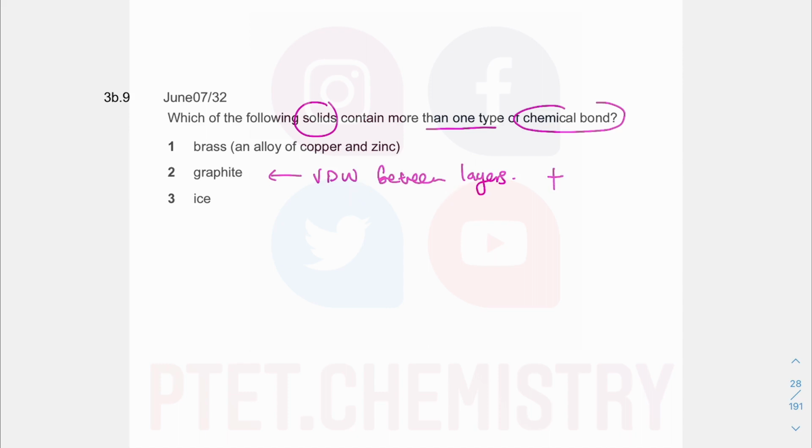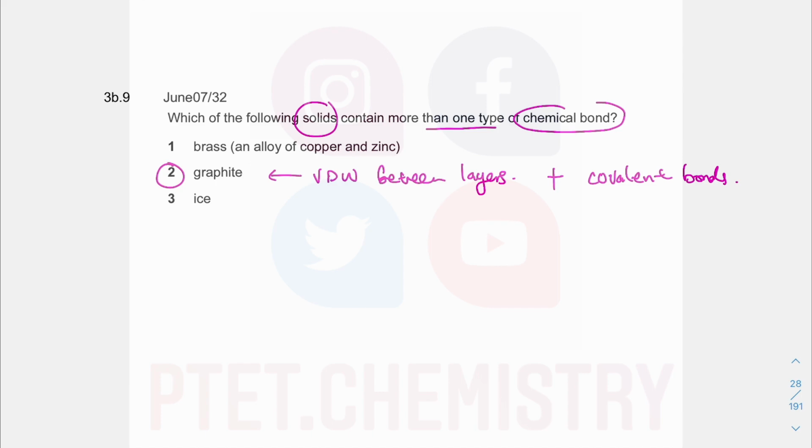But you also have covalent bonds. And that is what you break, the carbon-carbon covalent bonds, when you want to melt graphite, because it has a giant molecular structure. That is the very reason why graphite has a very high melting point. You have to break many strong carbon-carbon covalent bonds within that network to melt it. Alright? So indeed you have more than one type of chemical bond.